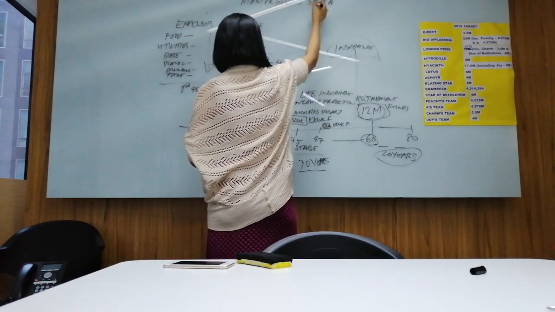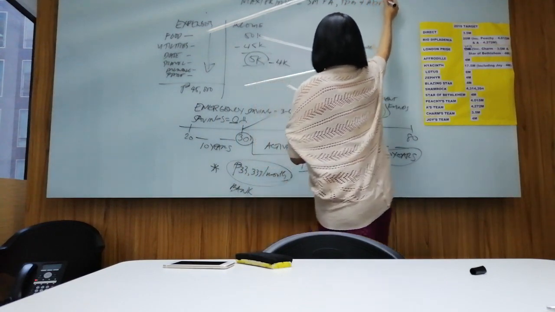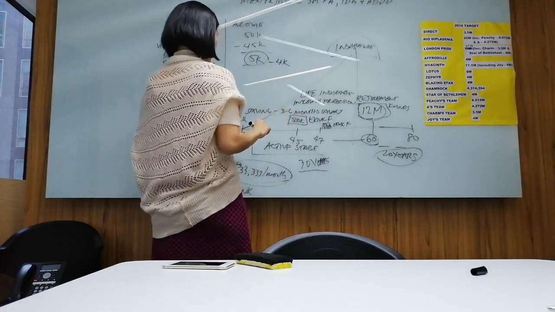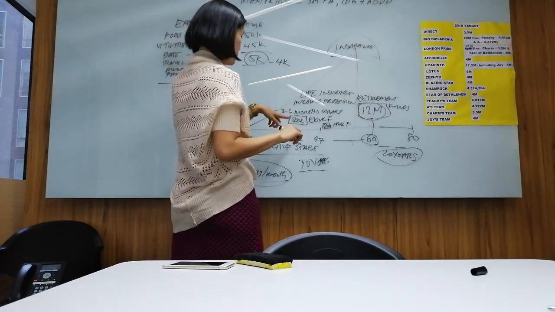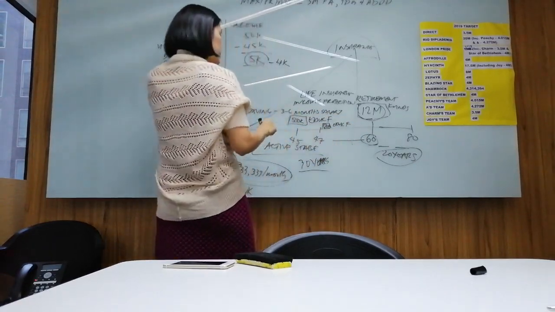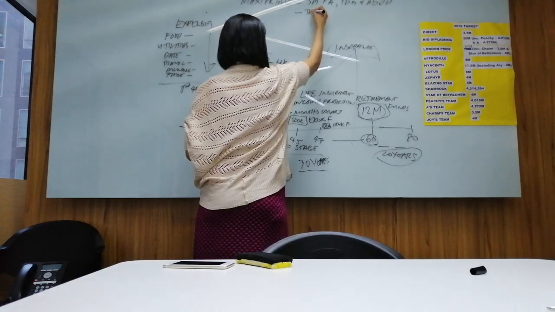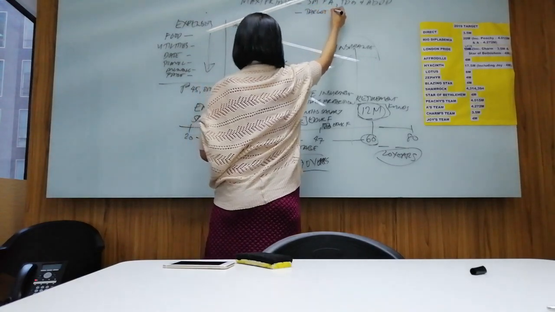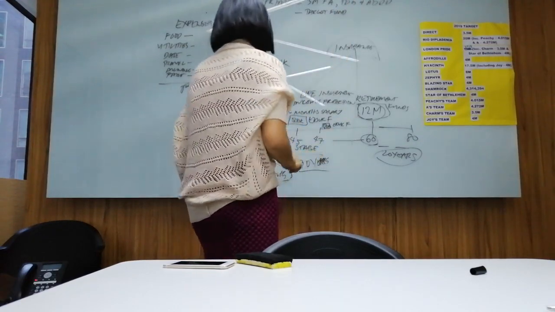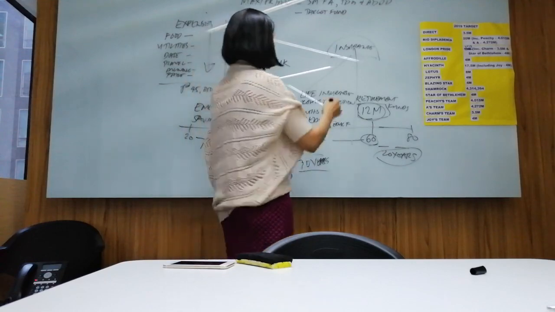Tapos, merong TDB and ADB. Tapos, ang gagawin ko niyan, dapat, by age 60, meron na siyang 12 million. So, gagawin ko, yung target fund, or better, unahin muna natin yung target fund na 500,000 by age 45.